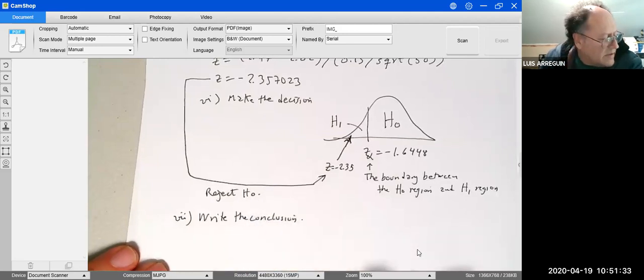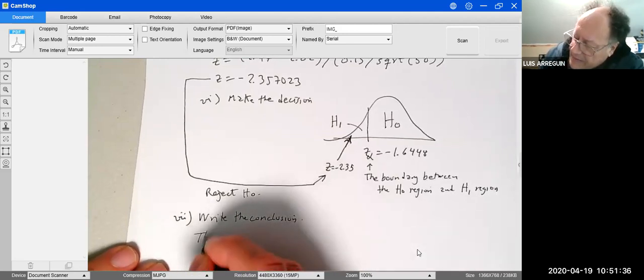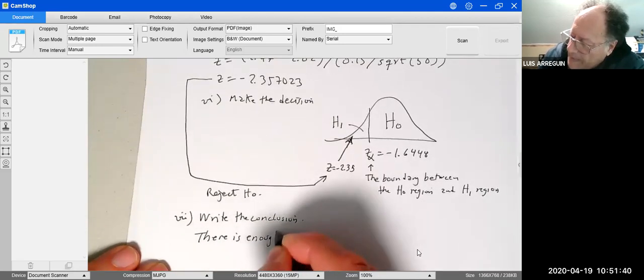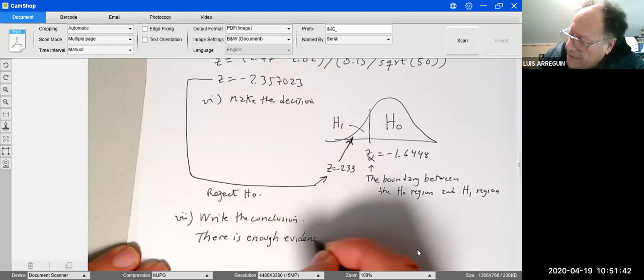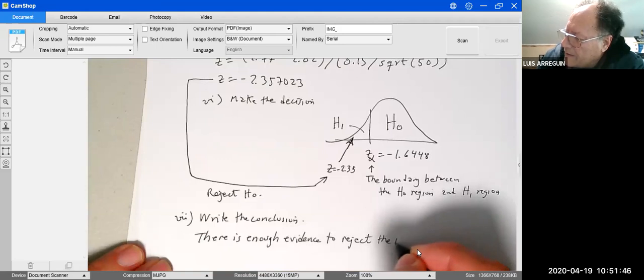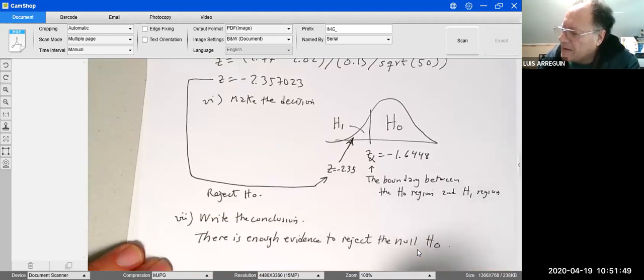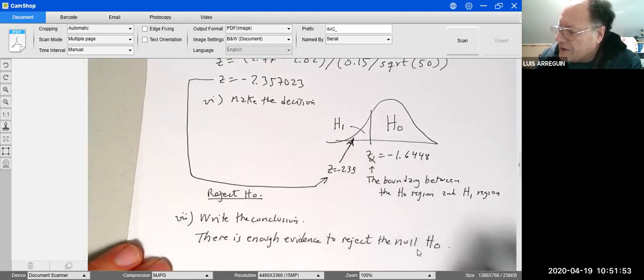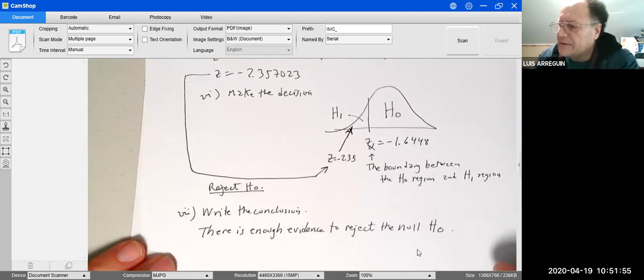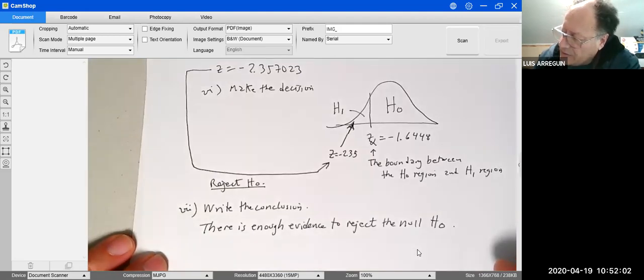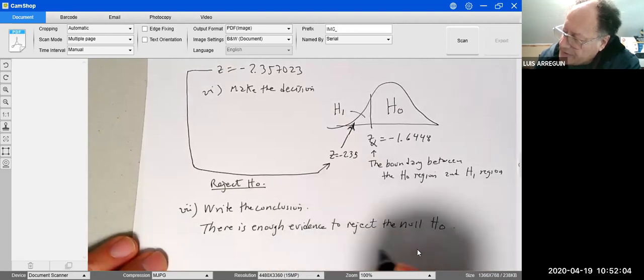So we're going to say that there is enough evidence to reject the null hypothesis. Okay. Now, this is not the question. We need to talk about the claim. The claim that the economist was talking about.